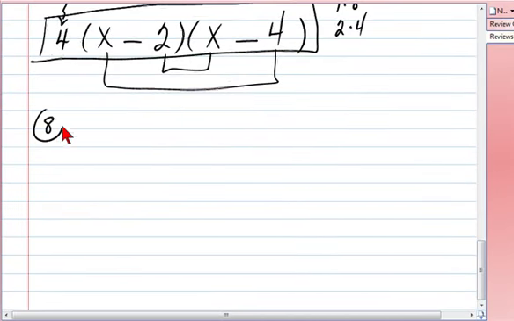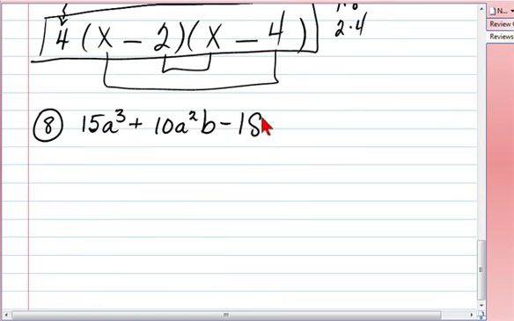Number 8. I have 15a to the third plus 10a squared b minus 18ab squared minus 12b to the third.